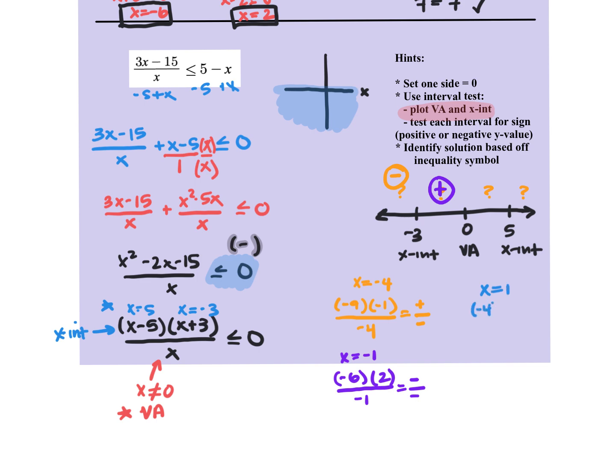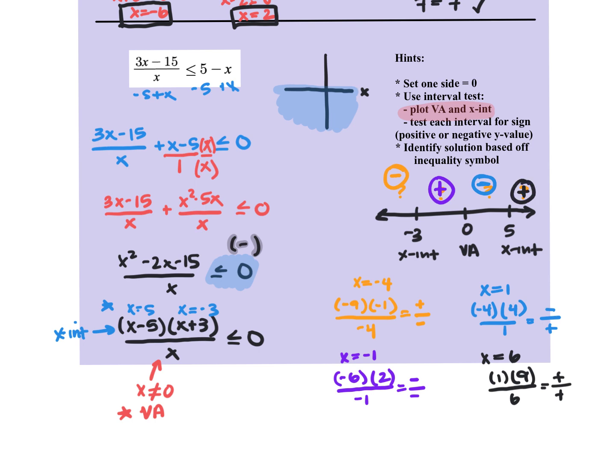We get negative 4 times positive 4 divided by 1. That's going to give me a negative divided by a positive, which is going to be a negative y value. And then last, we have some x value bigger than 5. I'm going to choose 6. That gives us 1 times 9 all over 6, which is a positive divided by a positive, giving me a positive interval for the end.